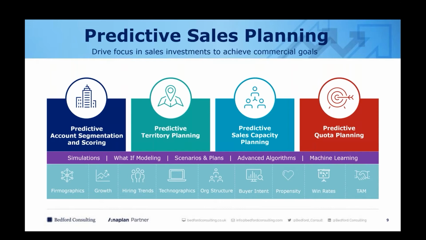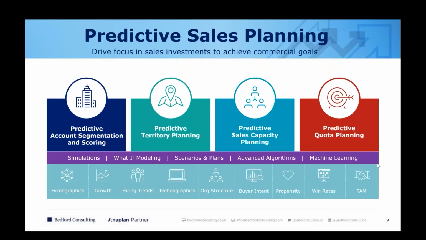So it's taking the firmographics that we already know, the information about firms that we have, such as the industry, the location, and so on. But we're now able to bring in information that relates to growth of specific sectors, companies, hierarchies, and so on. HR trends or hiring trends, the technographics, where we're looking at the similar technology, for example, that may be purchased. The organizational structures that may go slightly beyond that which is immediately available online, buyer intent and propensity to buy.